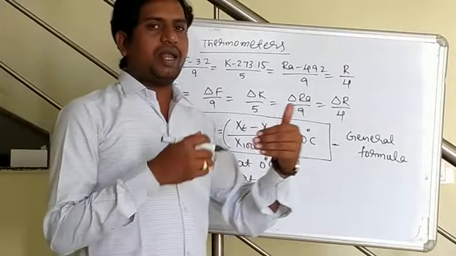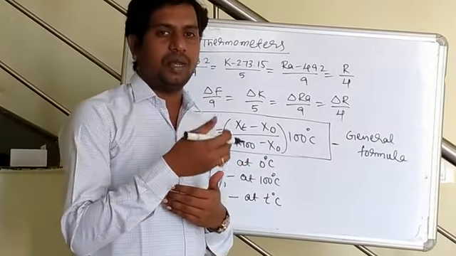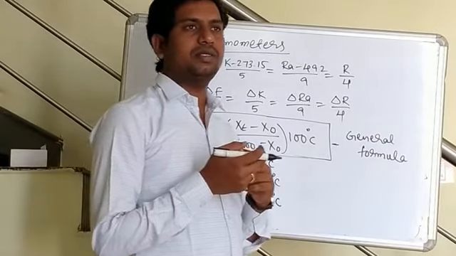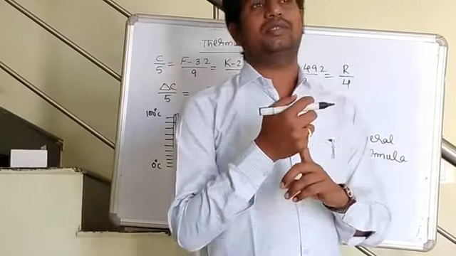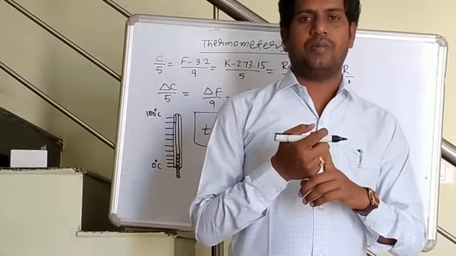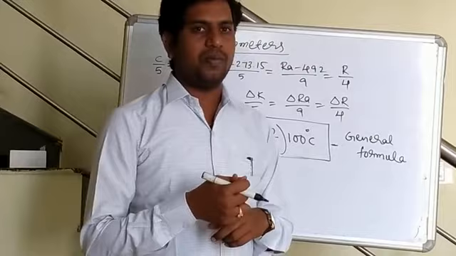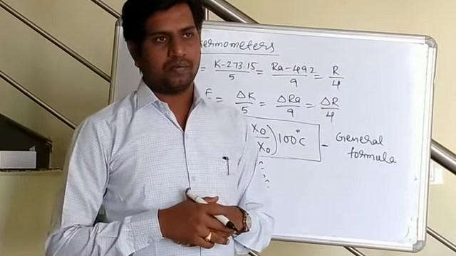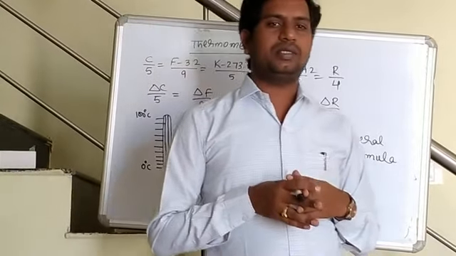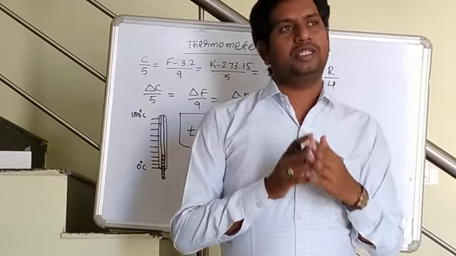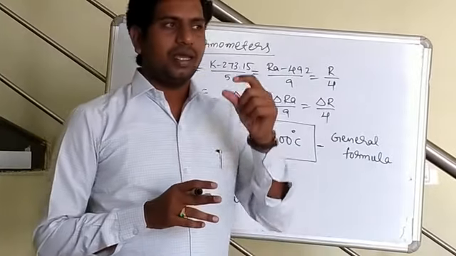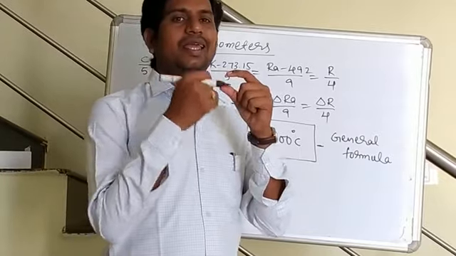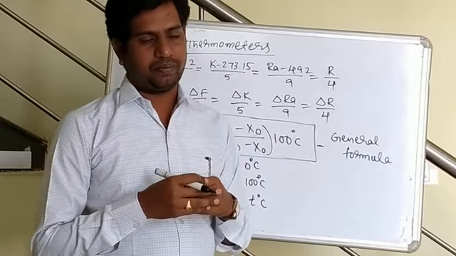Here we have different types of thermometers, generally called liquid thermometers, gas thermometers, electrical resistance thermometers, vapor pressure thermometers, thermoelectric thermometers and pyrometers. All these thermometers are based on the principle that in each thermometer there is one parameter which linearly depends on temperature.